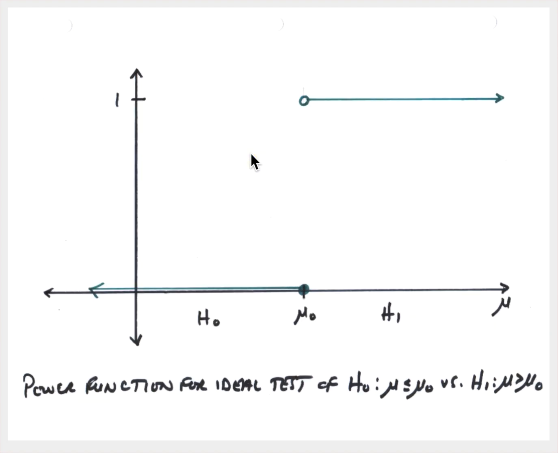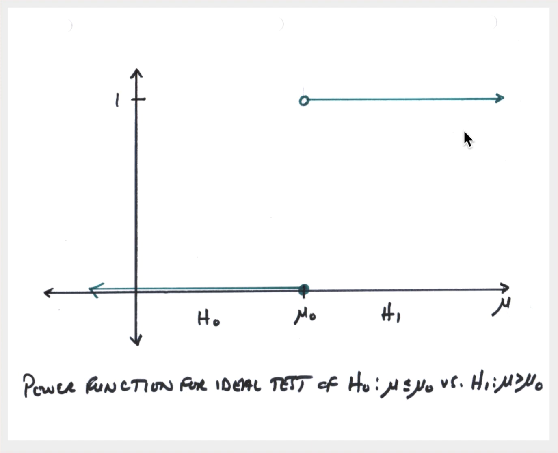And then finally, for a right-tailed test, the power function of an ideal test would look like this. For any value of mu for which the null hypothesis is true, in other words, for mu being less than or equal to mu naught, the probability of rejecting would be 0. And for any value of mu greater than mu sub 0, the probability of rejecting would be 1.